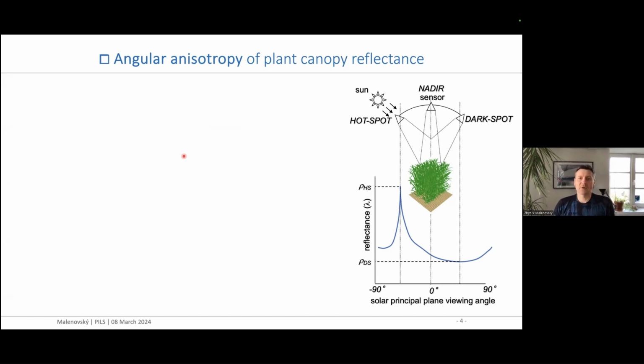Now, the problem in remote sensing of the canopies is anisotropy of the signal which we are measuring at the drone level. What do I mean by anisotropy? I mean angular anisotropy, which is mainly driven by the structure of the canopies we are observing.